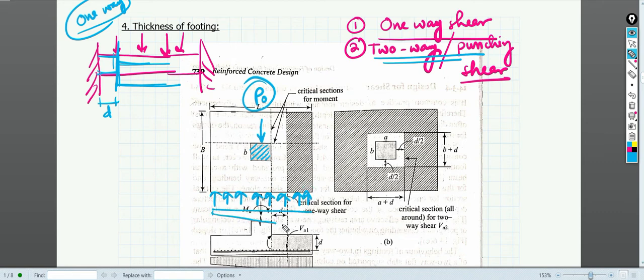Even if it is uniformly varying, there are two kinds of shear failure that might occur: one-way shear and two-way shear. In one-way shear, at a certain critical distance, this particular part might come out, and a shear crack might develop here.